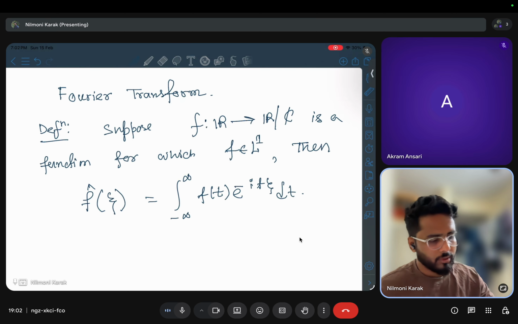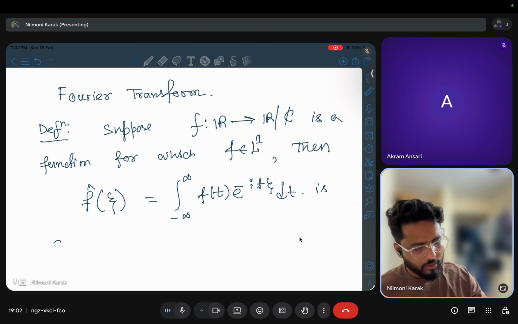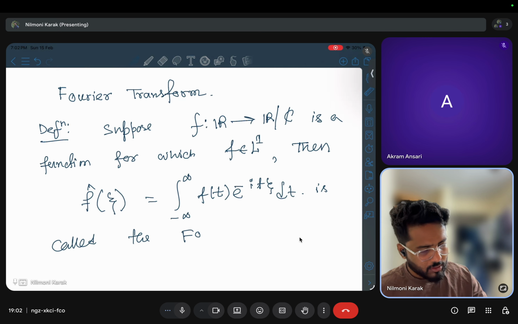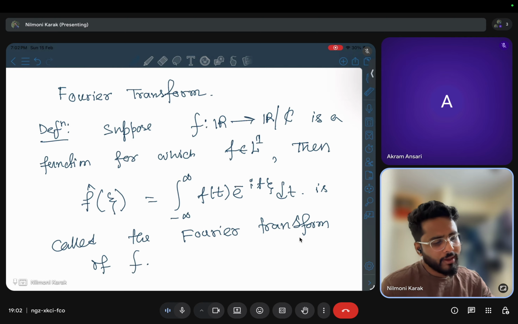This integral is called the Fourier transform of f.